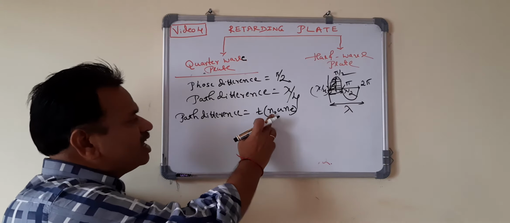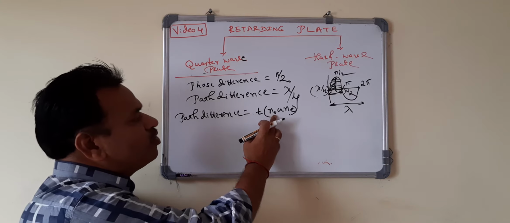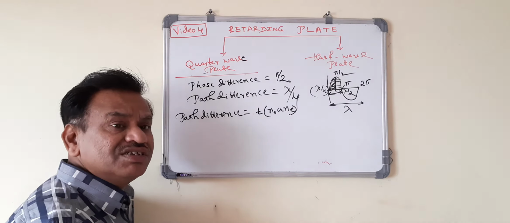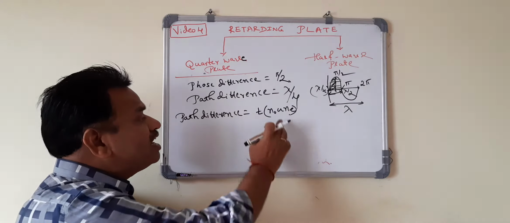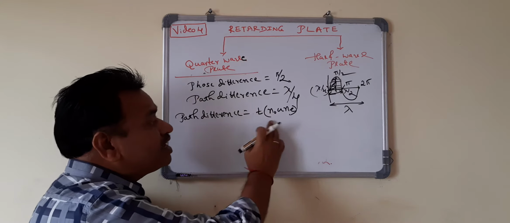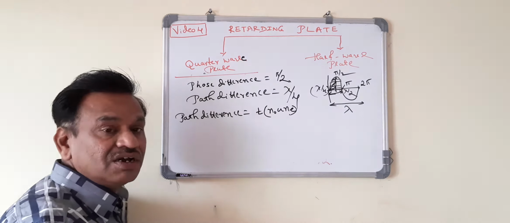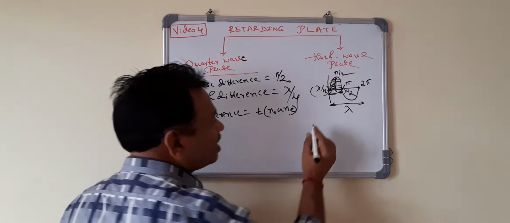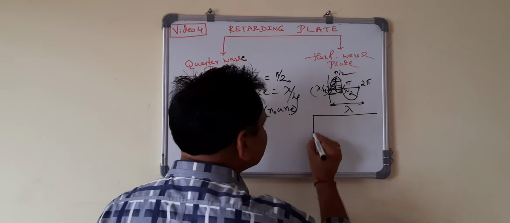What is NO? Refractive index of the ordinary ray. What is NE? Refractive index of the extraordinary ray. Here I have written the difference because I don't know which is greater. For the positive crystal it is different, and for the negative crystal it is also different. Slightly I am deviating from this discussion.